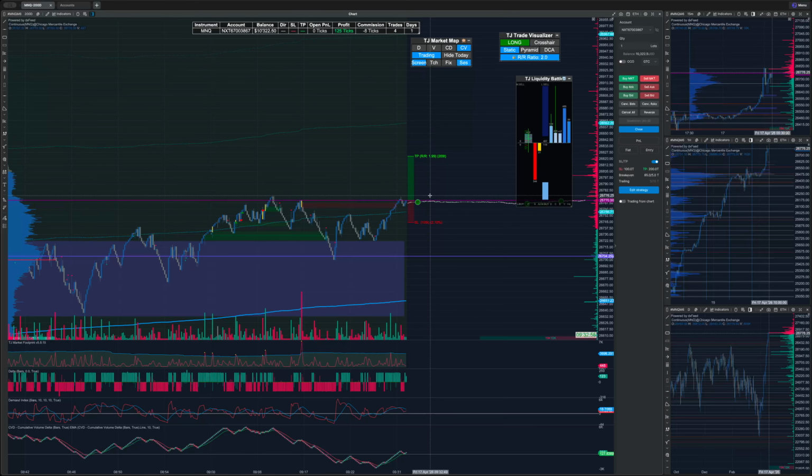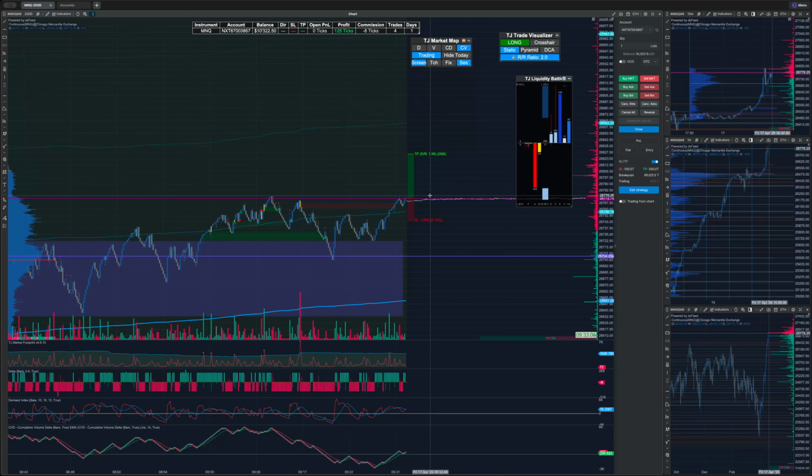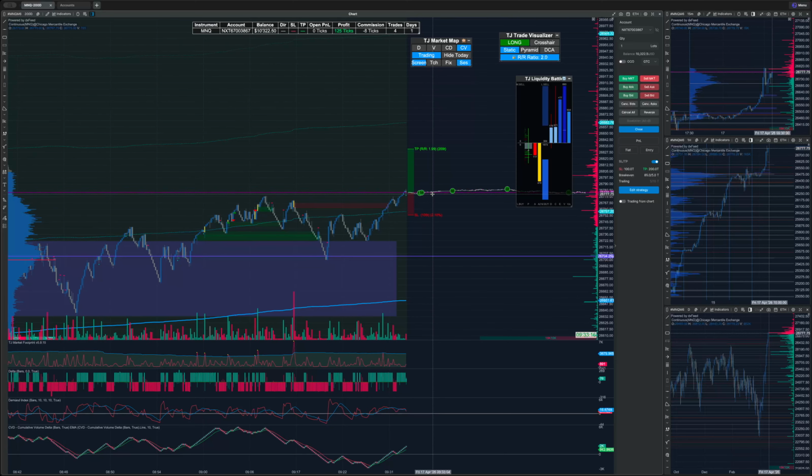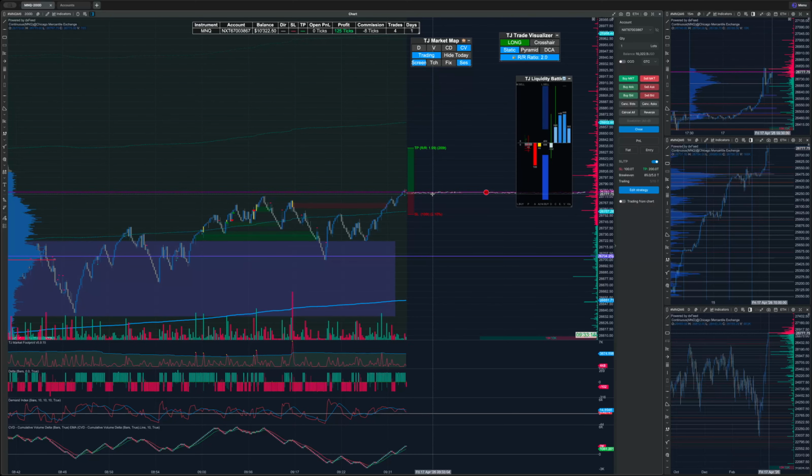I'm tempted to go in here with a buy stop order because it looks like the market really wants to go up there. Max stop loss would be below here, 68 ticks. Do I want to take that? Yeah, too late now.